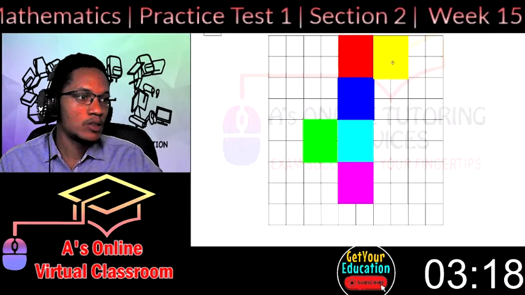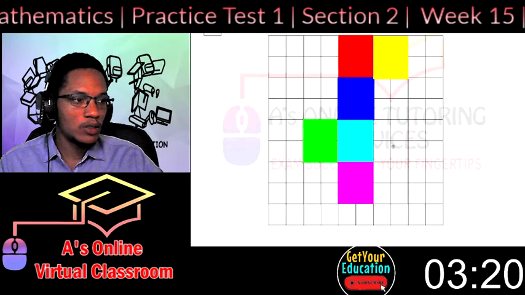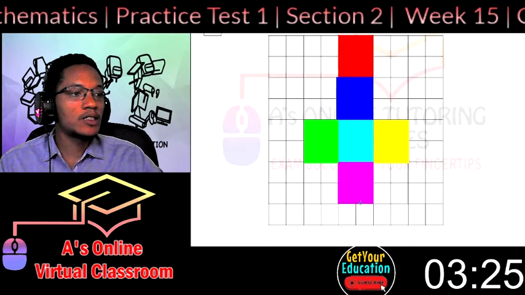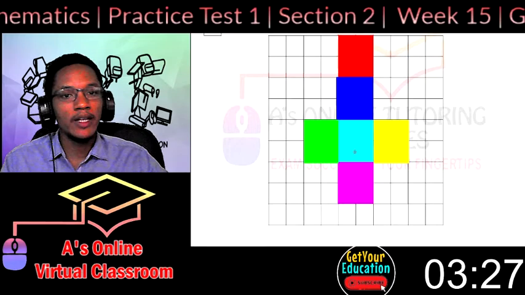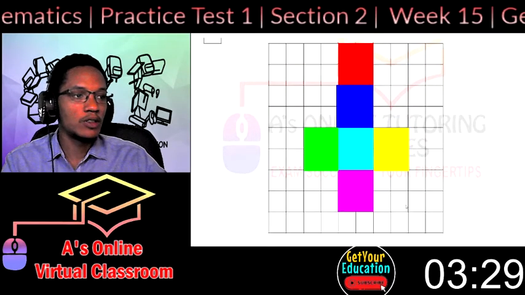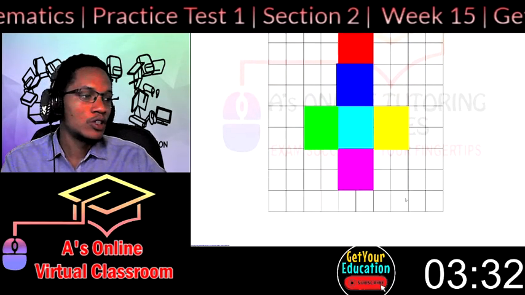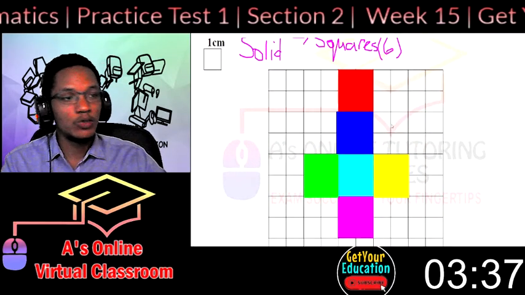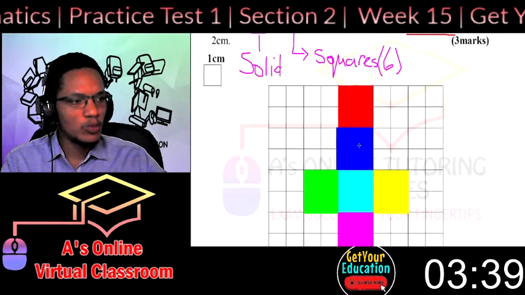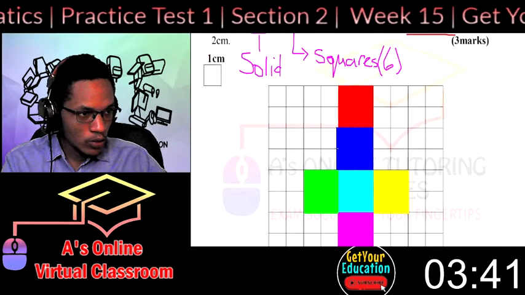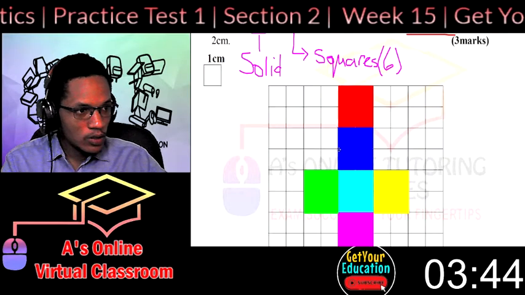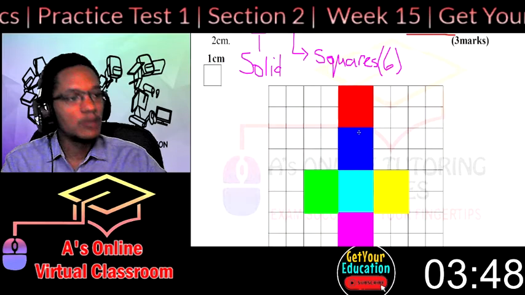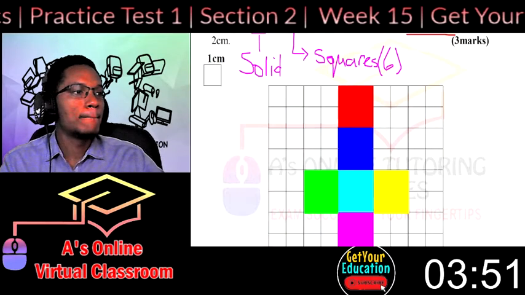This is the one I'm familiar with. So we have 6 squares coming together to form the net of the cube. That's the first question, and that is 3 marks. You just have to make sure that each side of each square is 2 centimeters long. Alright, and don't make yours as crooked as mine. Make sure you stay within the borders, and you draw neat straight lines with your pencil, and that's it.